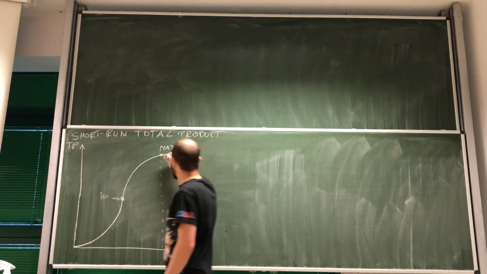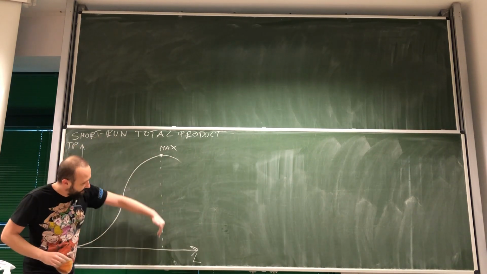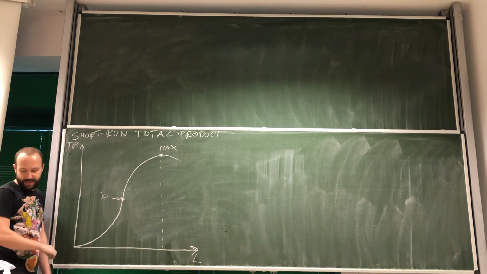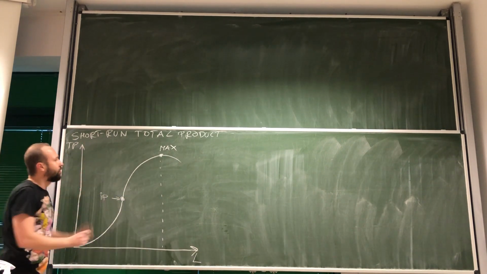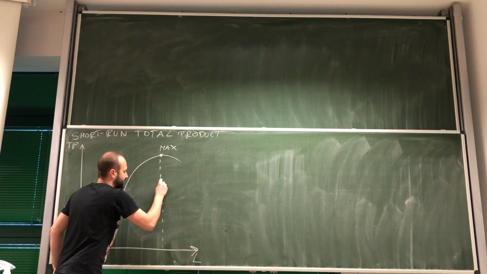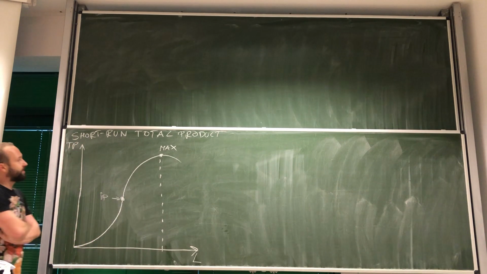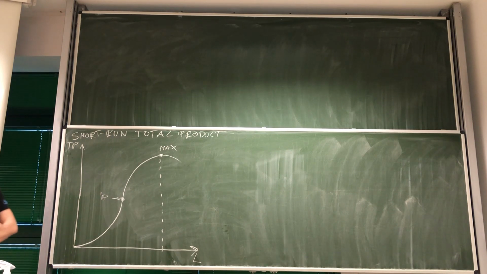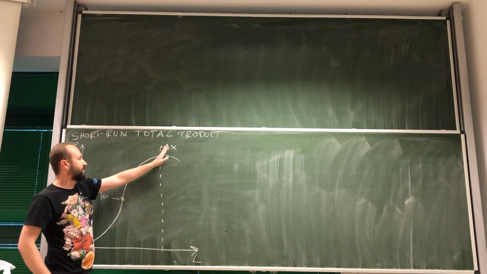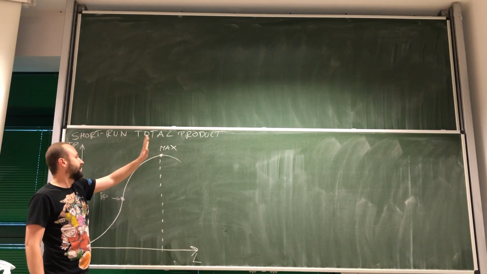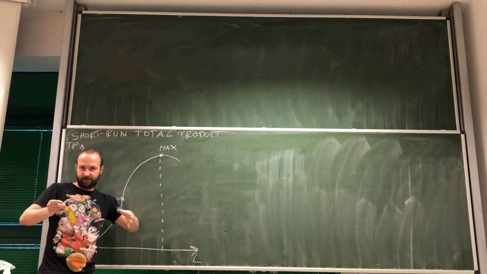Now, at some point, we get some number of workers, we'll name it later, when we achieve the maximum level of production this company can attain, given the amount of capital, of course.